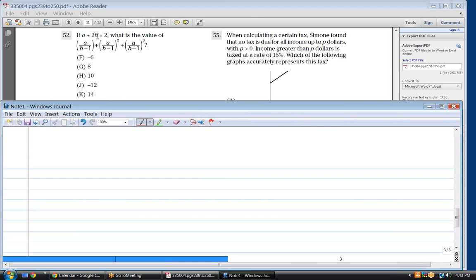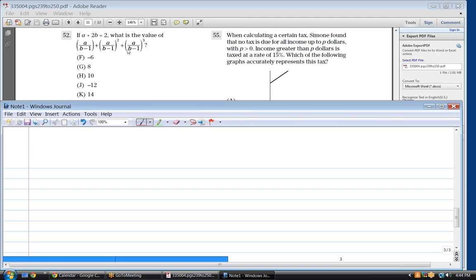So I guess the moral here is they gave us an equation that had 2 variables and only one equation, so it's going to be impossible to solve for A or B from this equation. However, when I look at what they are asking us to evaluate, I want to see if I can somehow solve for B minus 1. I can't solve for B, and I can't solve for A, but I might be able to solve for B minus 1, and sure enough, it ends up being a pure function of A, and then the A's cancel, and I end up with numbers.